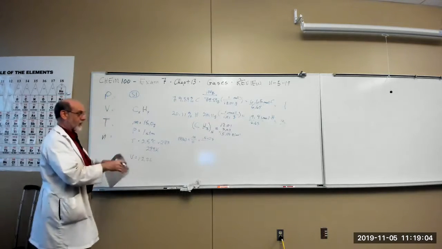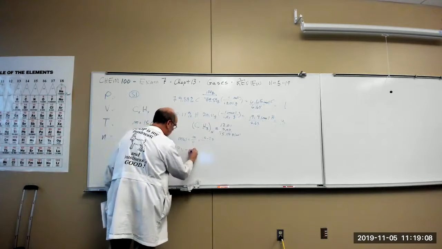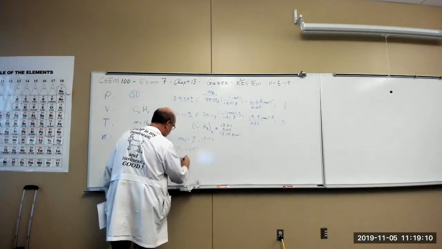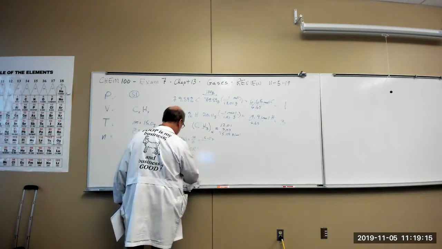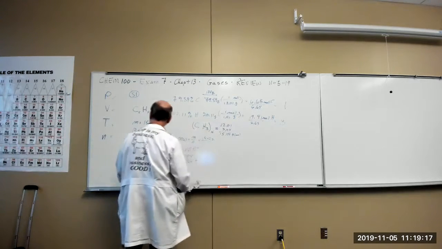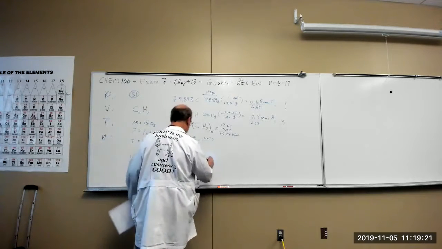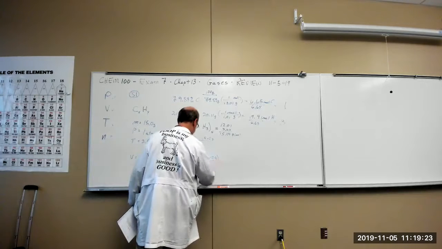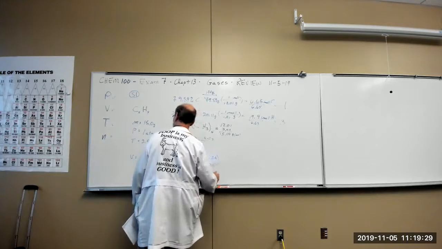What is it right now? The number of moles is n equals PV over RT. Pressure is 1 atmosphere. Volume is 12.2. 0.08206. And temperature is 273.